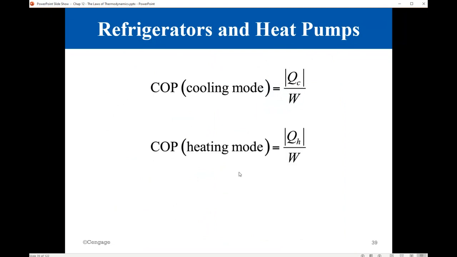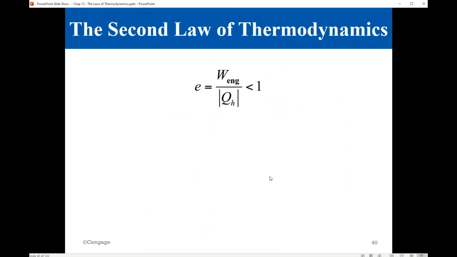The efficiency for the cooling mode is QC divided by W. The efficiency for the heating mode for the heat pump is QH divided by W. So as we see, the efficiency is always less than 1. The efficiency will never be equal to 1.